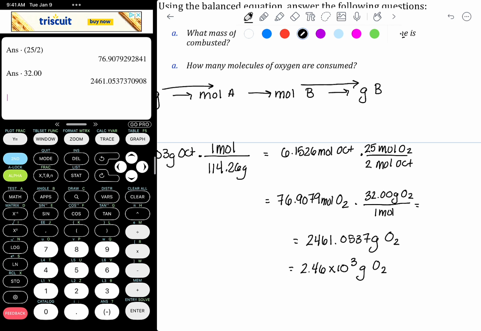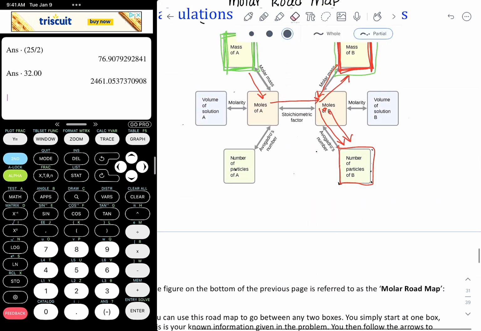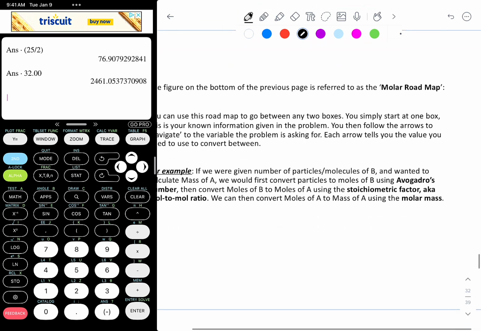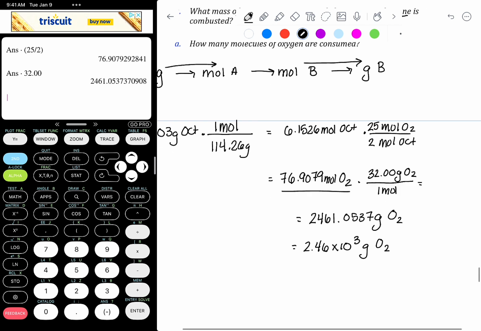Now for our second problem, we want to know how many molecules of oxygen are consumed. Well, I know from my molar roadmap that if I know my moles of B, I can convert to number of particles using Avogadro's number. Now I wrote down before moles of B, moles of oxygen was 76.907, okay? So I can use Avogadro's number to now go from moles to molecules.